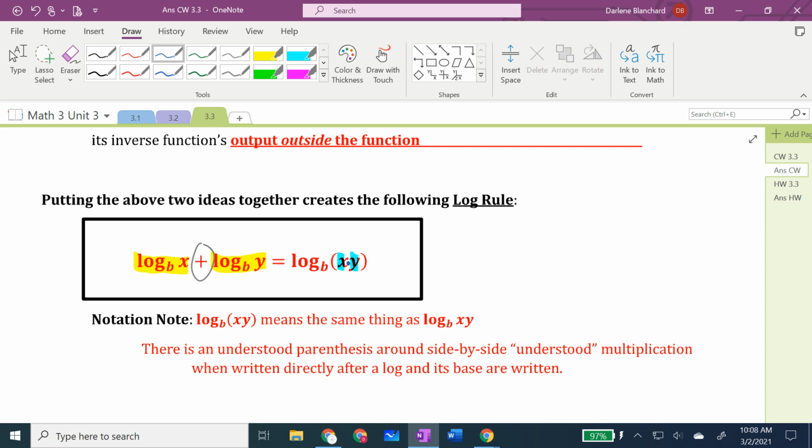What I see is a lot of times people will misplace the operations if they don't really understand this log rule. So you need to actually take a good amount of time to focus on this log rule.